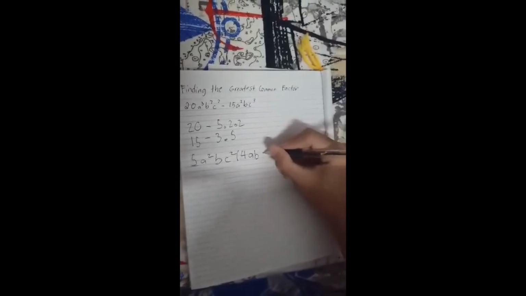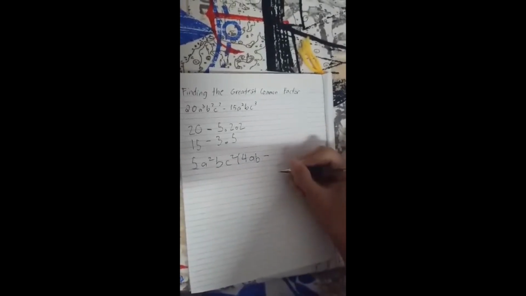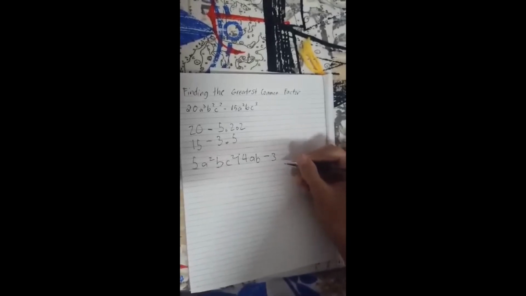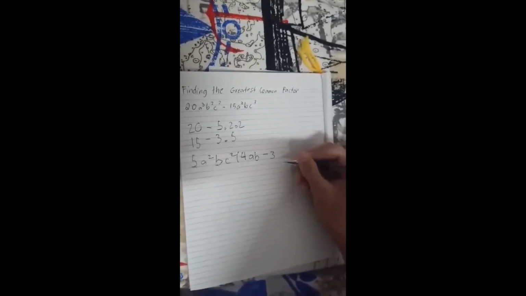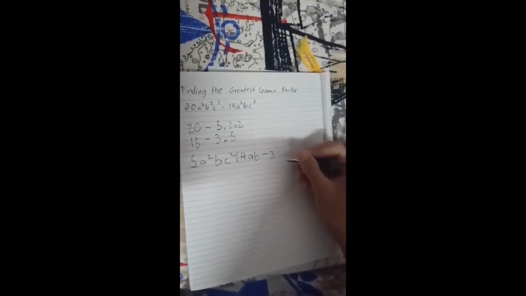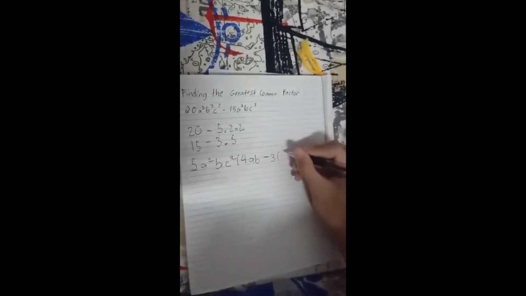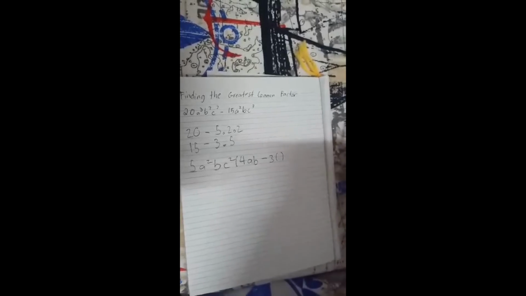Minus 15 divided by 5 is 3. c squared divided by c cubed is c. And that is how to find the greatest common factor.